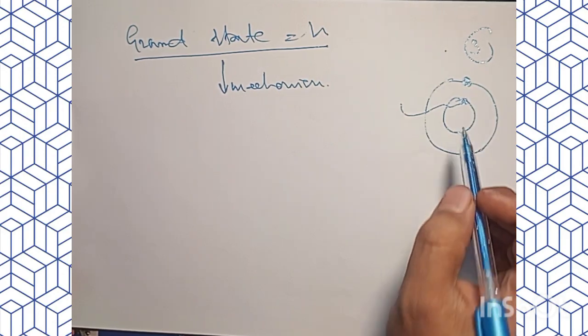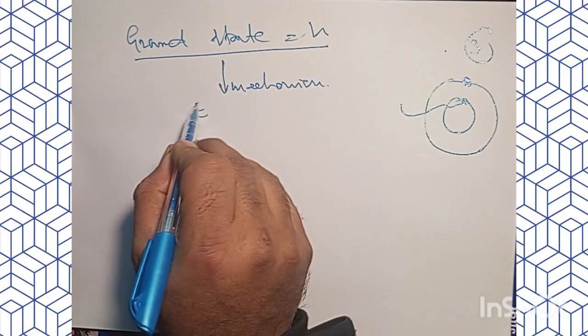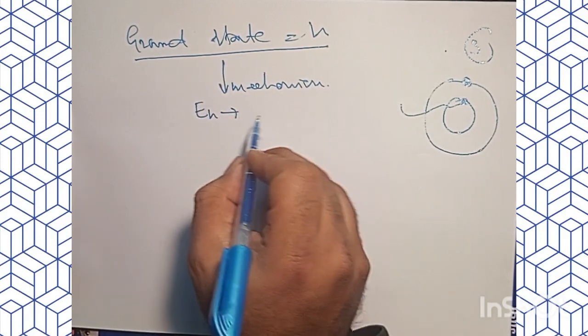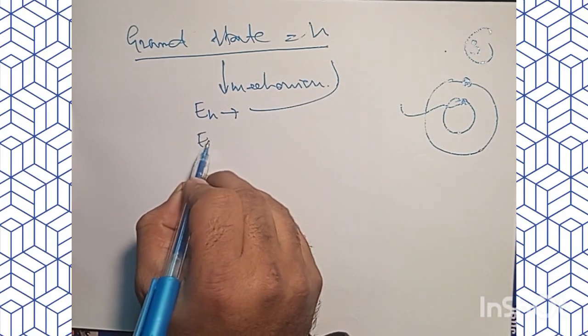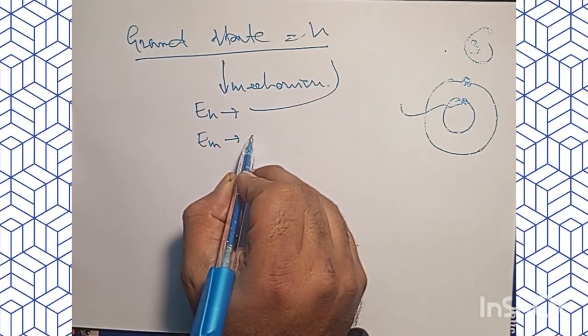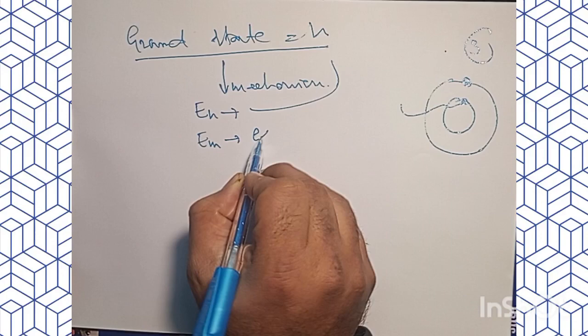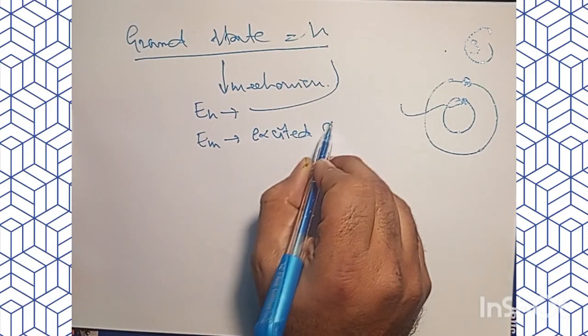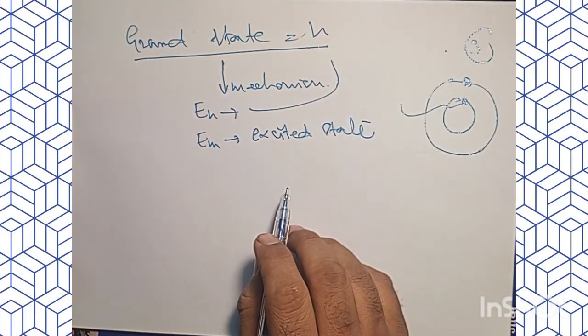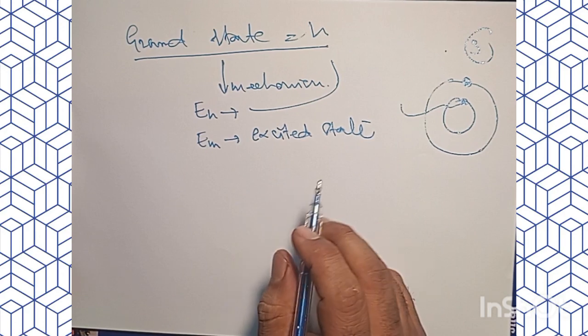and that corresponds to a transition from this excited state to the ground state. Now, here I have a state defined as En. So this is the energy of the ground state, and I have a state Em. This is going to be the energy of the excited state. So that's the case.